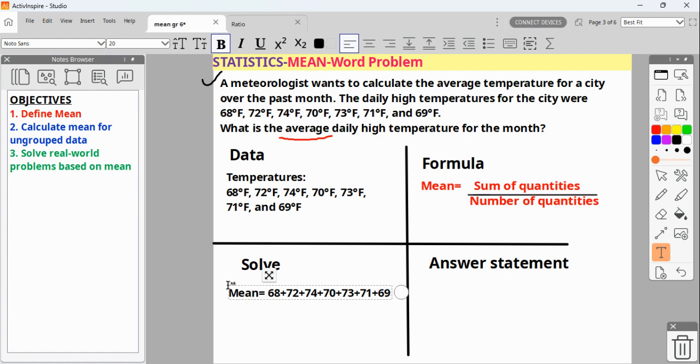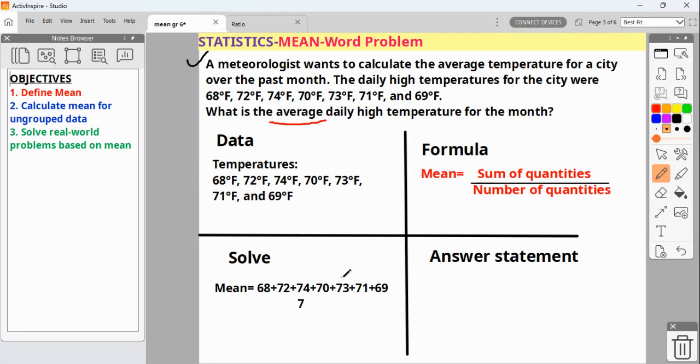So these are the values given. I have put the values in the formula, and there are a total of seven quantities given. You can count. So I have divided here by seven. Why? You can count with me: one, two, three, four, five, six, and seven.